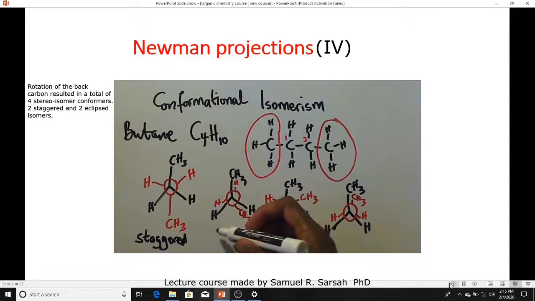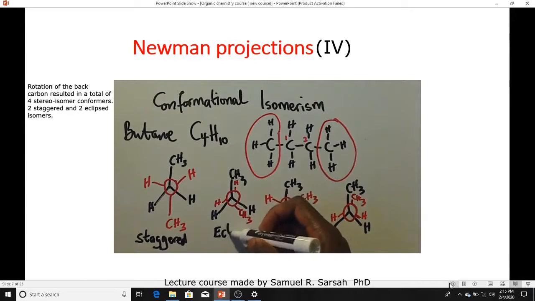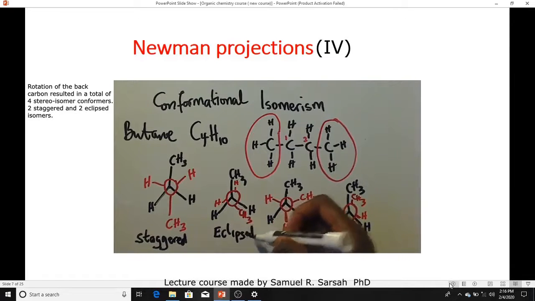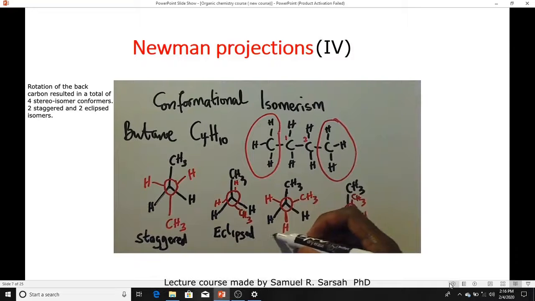And then this is eclipsed, because the groups are eclipsing each other. Now this is staggered. And then this is eclipsed. Awesome.